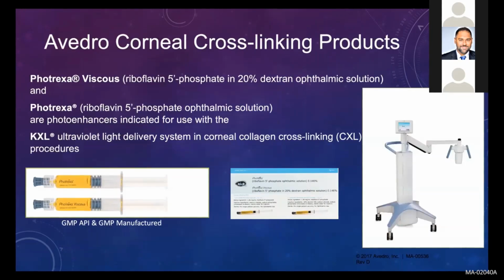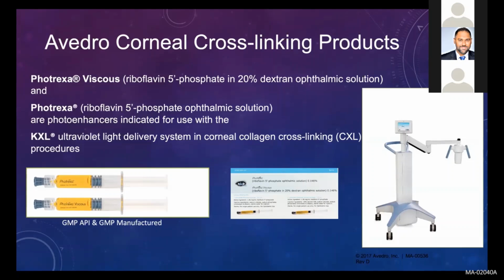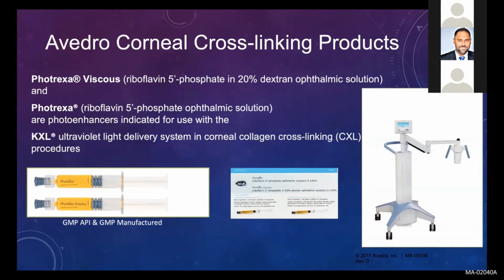These are some pictures of the different materials. On the left, you have the Photrexa riboflavin solution and the Photrexa riboflavin viscous solution. On the right, you have the UVA KXL machine that delivers the ultraviolet light to induce the corneal cross-linking.